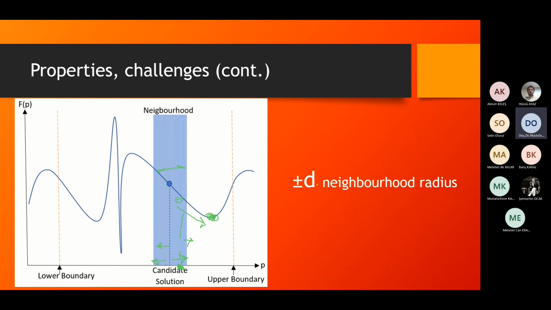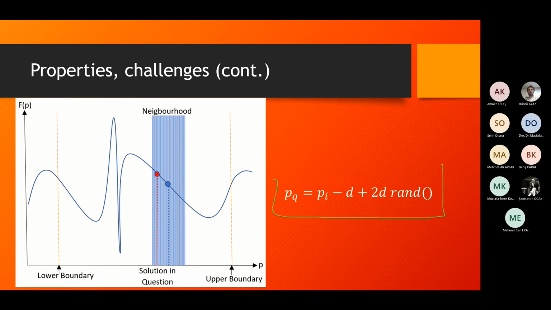Therefore, if the neighborhood radius is d, so we are looking for plus minus d distance, the formula will be like this: pi is our current solution, d is the distance in the plus direction and minus direction from the current solution, and pi minus d plus 2 times the radius times a random number will give me a new solution within the neighborhood of the current solution.